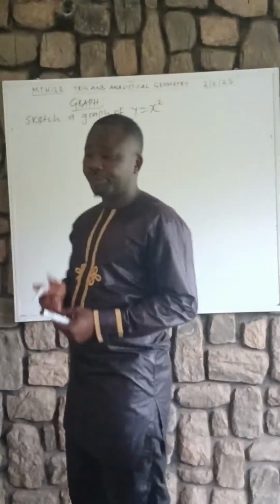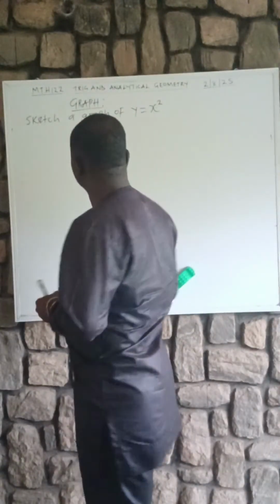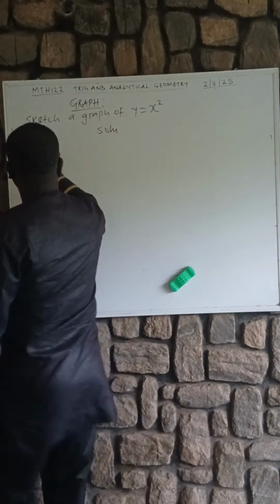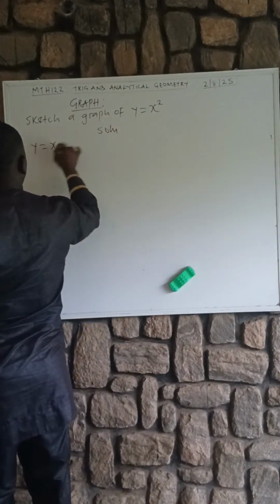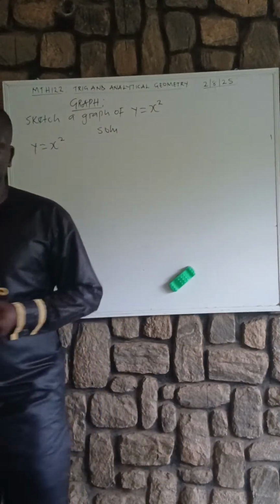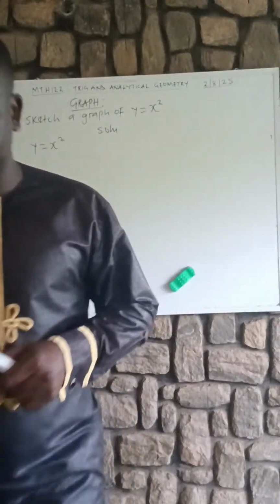Is that clear? So let's write the solution. The graph of y equals x squared. So how can we sketch this graph?